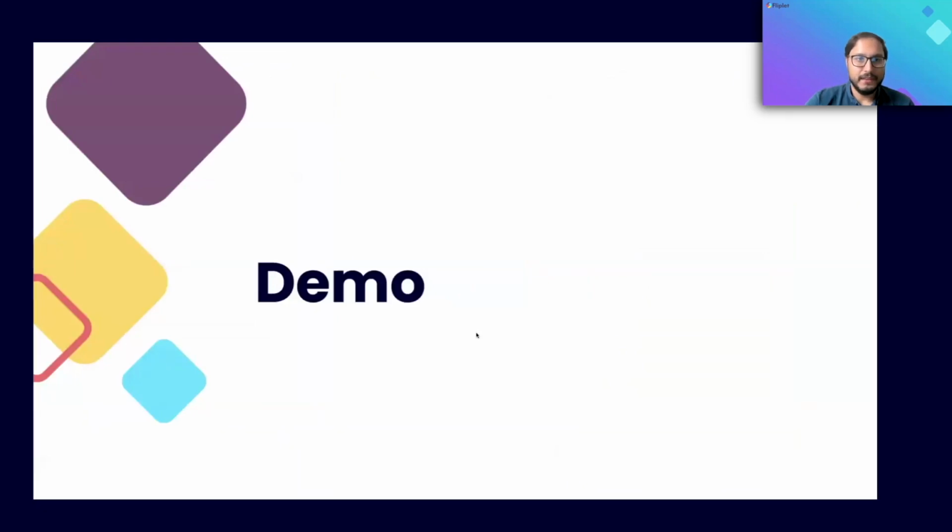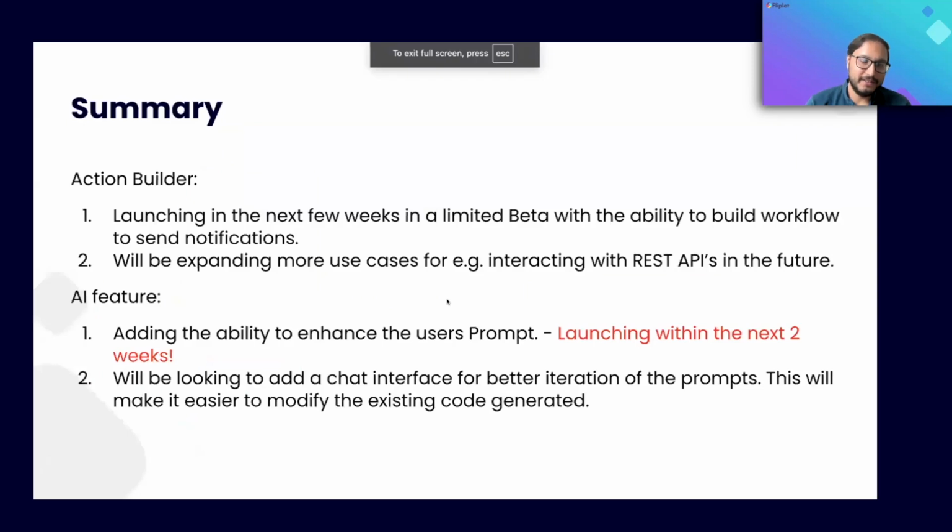So what have I spoken about today so far? The action builder we will be launching in the next few weeks in a very limited beta, where we are initially going to focus on the sending of notifications, just so we can get some feedback and really push the use cases of that as far as we can.